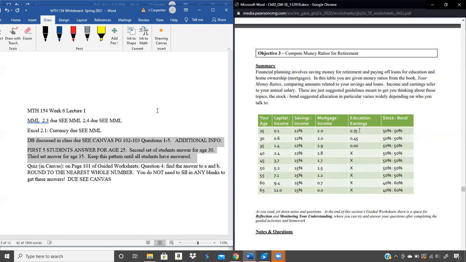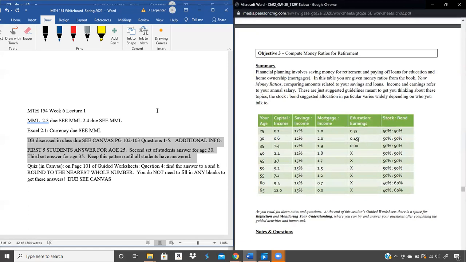Education to earnings. This is saying the amount of money that you have in debt from your schooling or your continued education or anything. This is 0.75. So when you're 25, if you made $100,000 a year, that means you could have $75,000 in school debt and, quote, be okay.